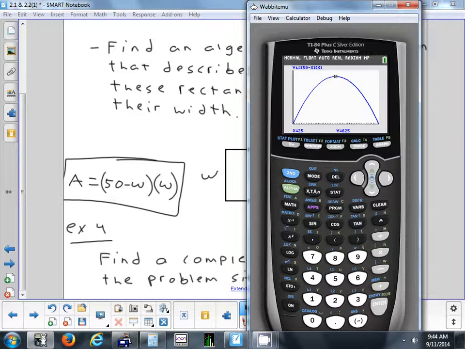What number specifically does a horizontal line have a slope of? 0. So in calculus, there's an operation we can use called a derivative that finds the slope of a curve at any point. If you knew how to take the derivative of this and you set it equal to 0, it would tell you where the slope is 0 in this picture, which is also the maximum. So you'll learn how to do that a little more next year.